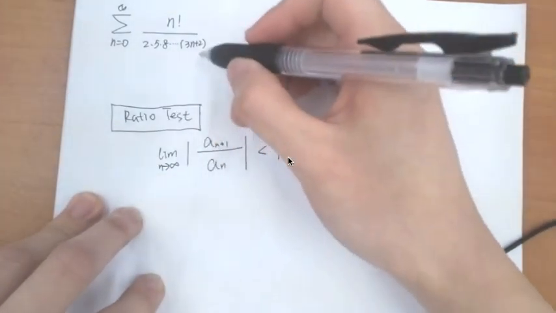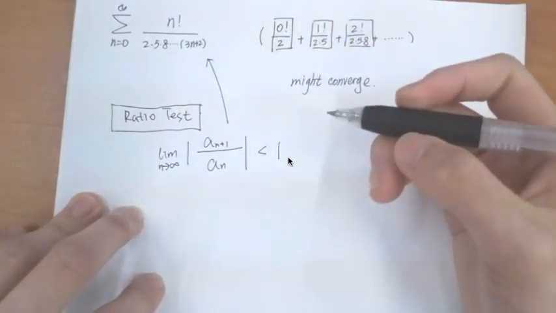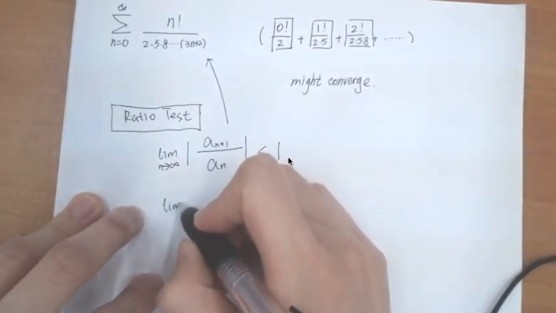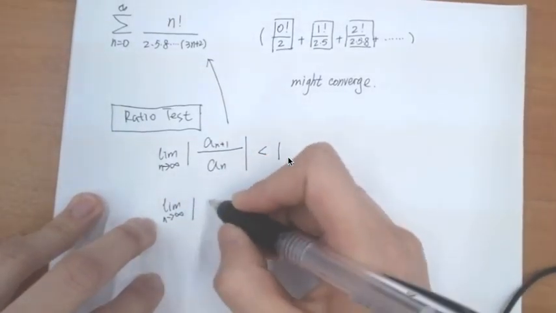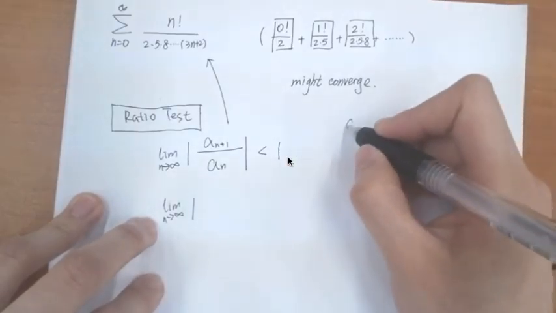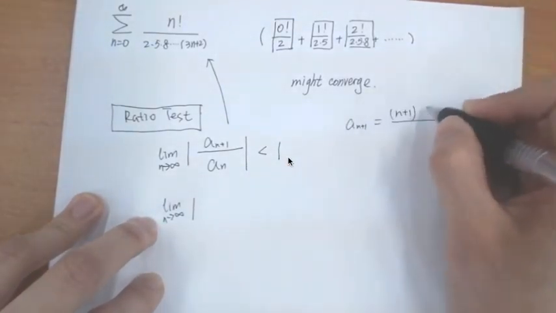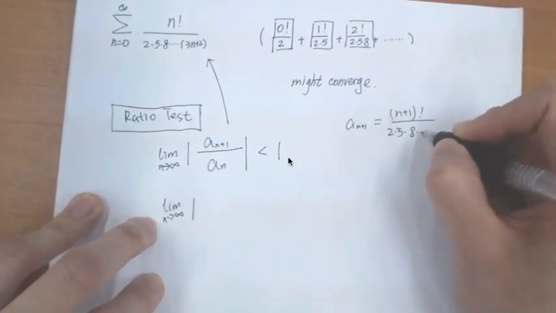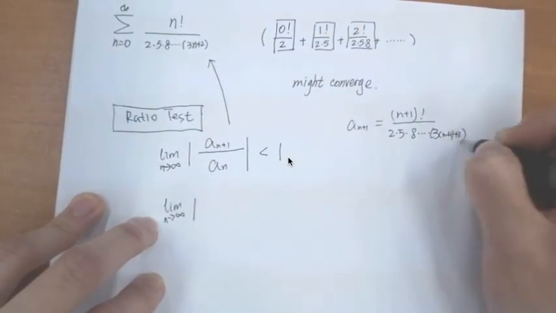So in this case, we apply a(n+1) over a(n) to this original series, and we get the limit as n approaches infinity of a(n+1), which equals (n+1) factorial over 2 times 5 times and so on up to 3(n+1) plus 2.